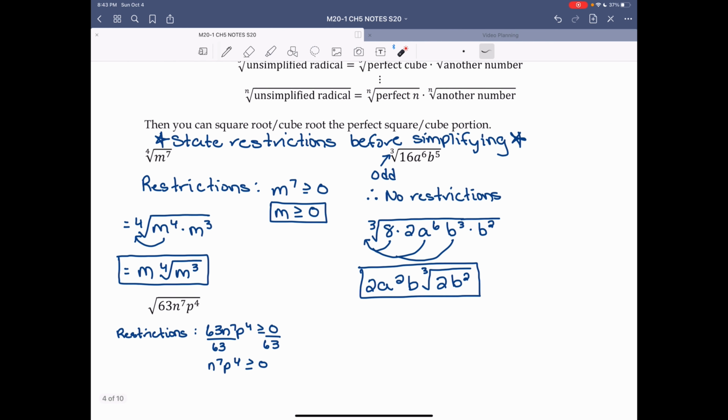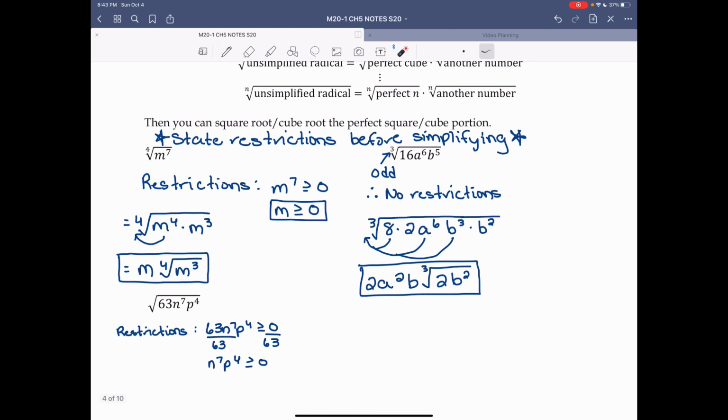So p to the 4 is always going to be greater than or equal to 0. So really the only thing that's going to determine whether our radicand is greater than or equal to 0 is that n to the 7 has to be greater than or equal to 0, which means n has to be greater than or equal to 0. That's our restriction.